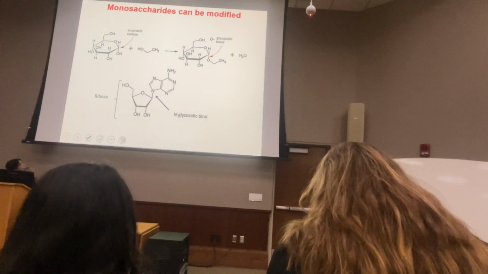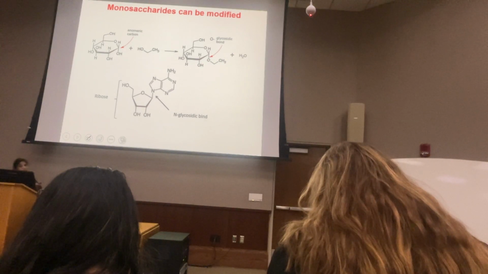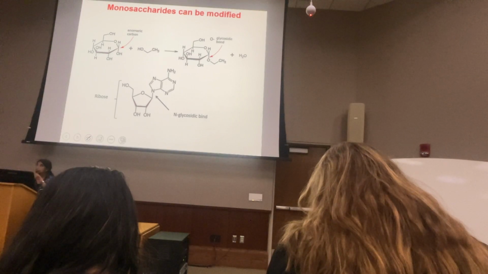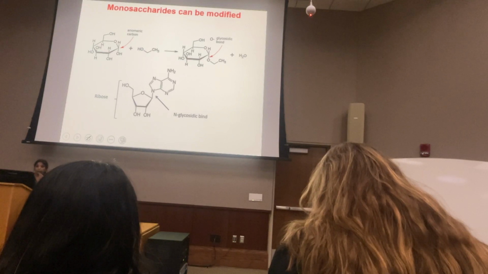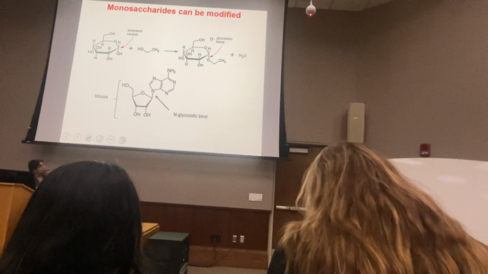So we have a sugar here, and here's your anomeric carbon 1. It can get modified, and when it gets modified at that carbon 1 that has the OH group, the bond it's getting modified to is called an O-glycosidic bond. Why an O? Because there's an oxygen bound to that modified group.